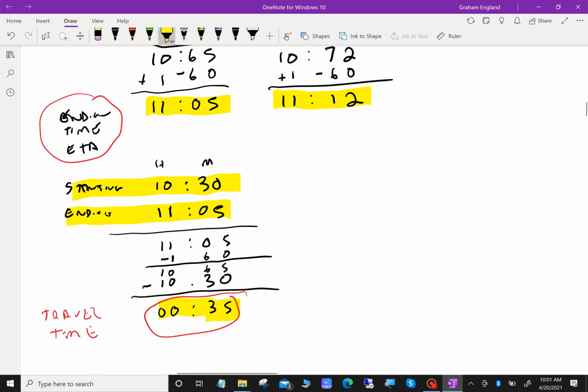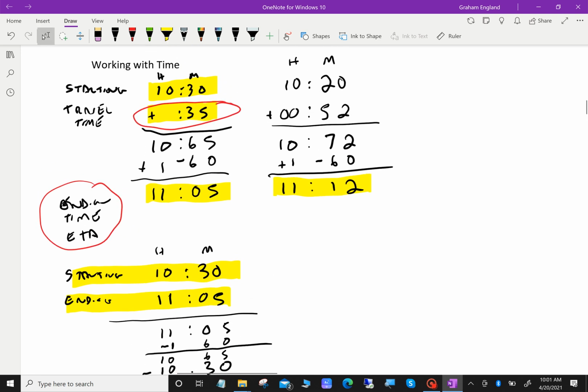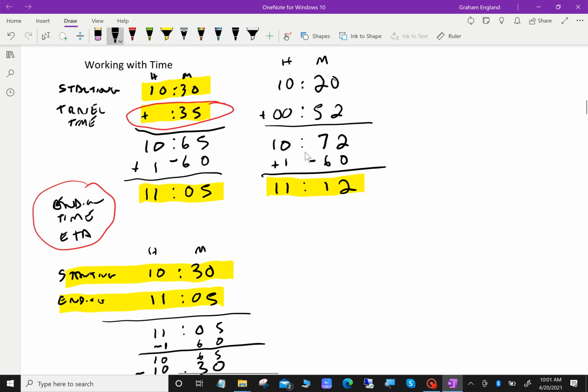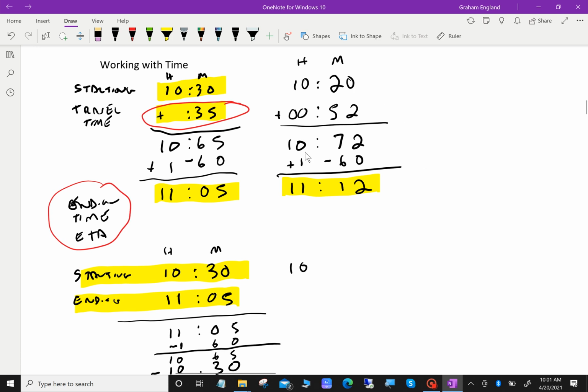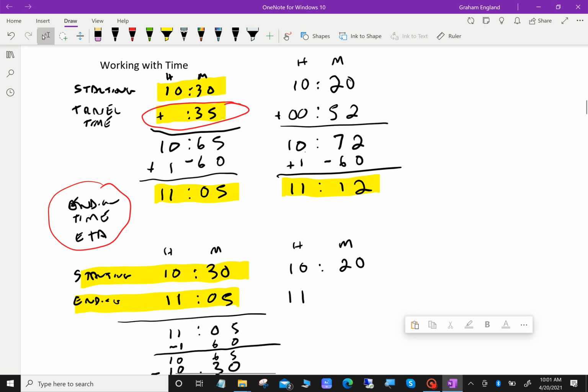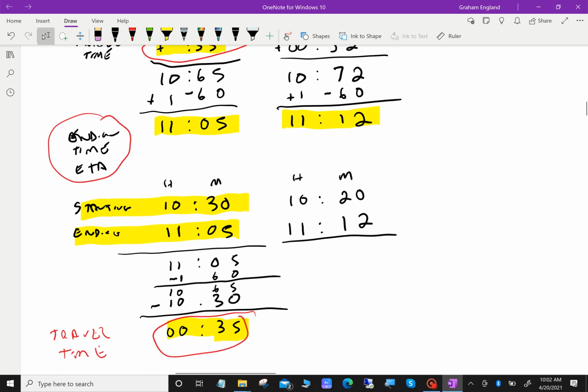Let's do it the other way. If they gave us a starting time of 10:20, again, hours and minutes, and they told us that we arrived at 11:12, what is our travel time?